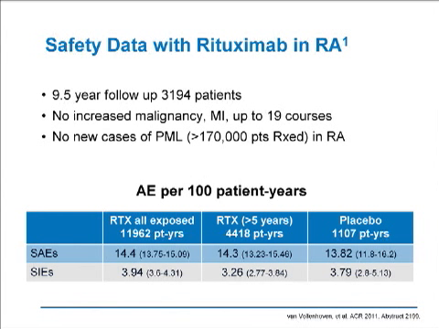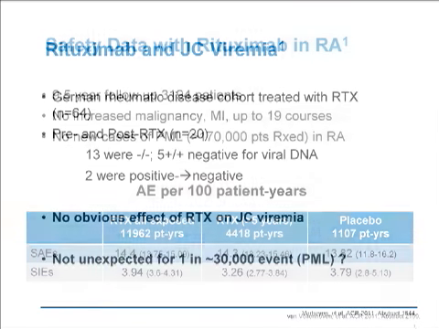With 9.5 years of follow-up in nearly 3,000 patients and 3,200 patients, there's no increased issues of infection or long-term safety that have arisen. There's no increased malignancy, no increased cardiovascular disease, and this is with patients having received up to 19 courses. There are no new cases of PML, and there are nearly 170,000 treated patients in RA.